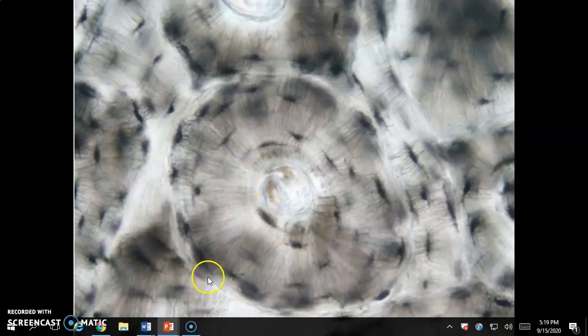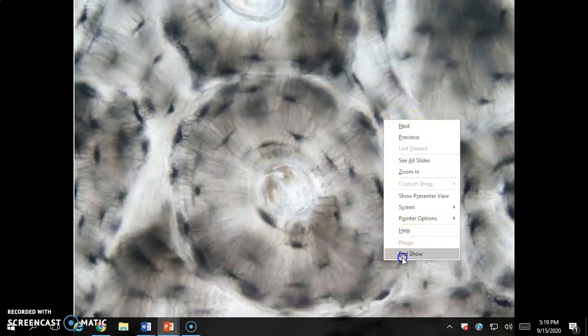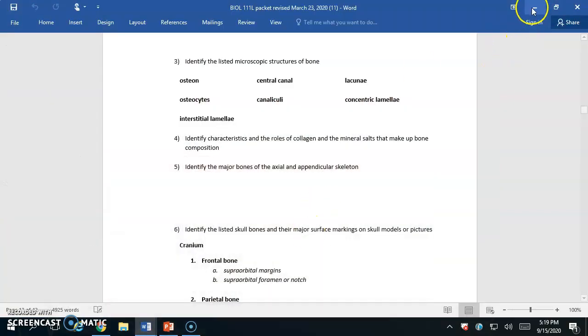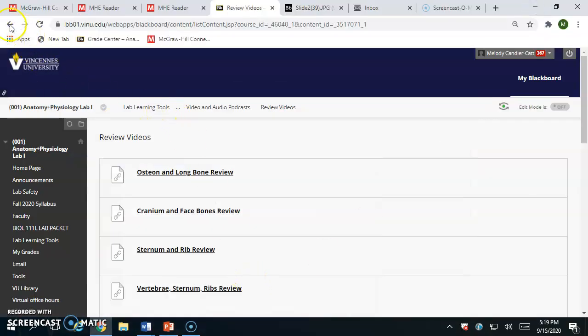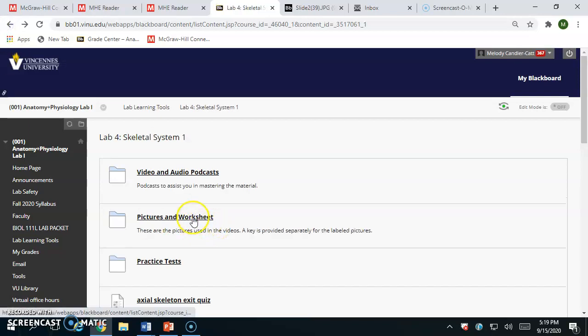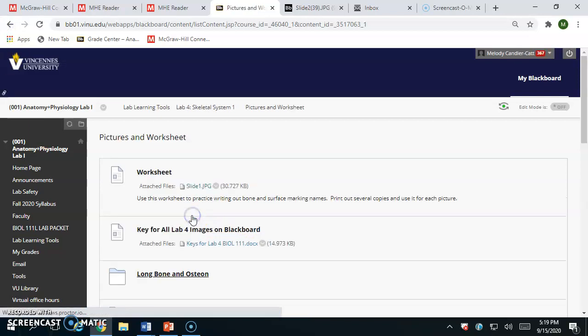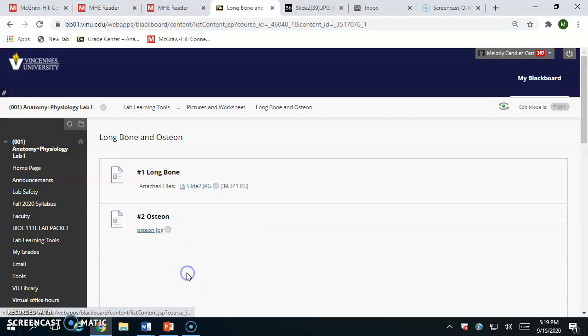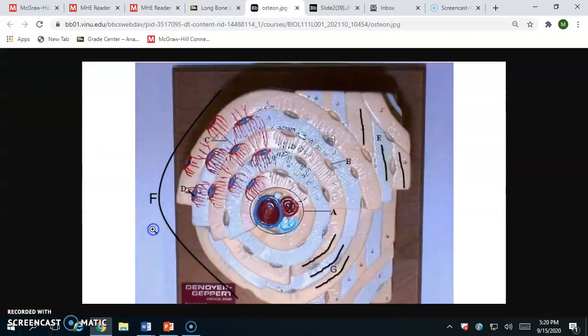So now in lab, we don't have you identify these parts on the microscope slide that we have here. We have you identify them with a model that we have in lab, and I'll pull up, under pictures in Blackboard is where you can find, under the long bone is where they have the osteon.